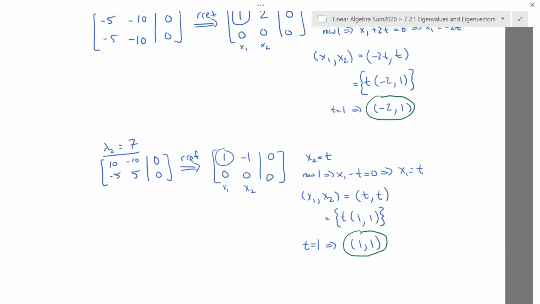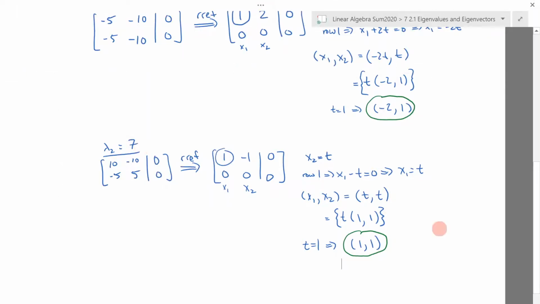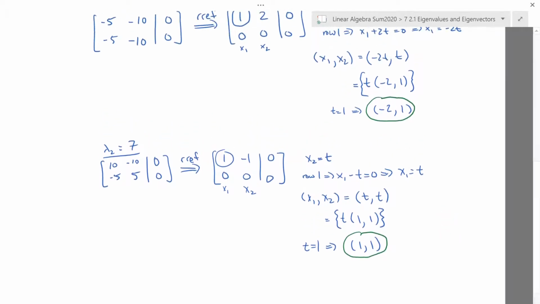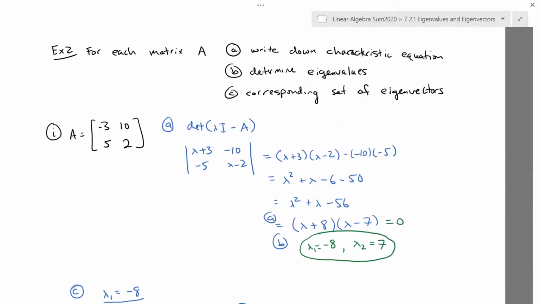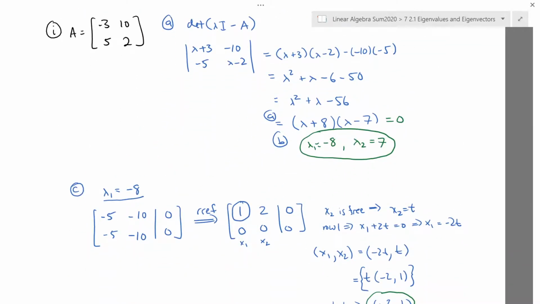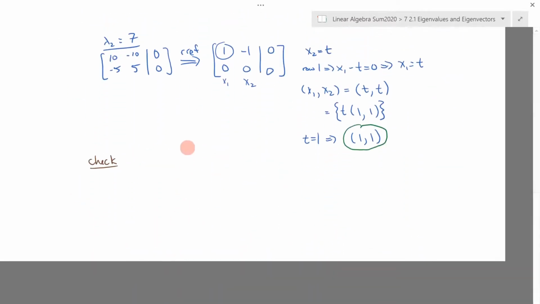So to make sure all our calculations are correct, I can check that they're eigenvectors by just doing the multiplication as we did on the first page, right? So let's quickly check that again, because this requires a bit of calculation, and especially if your matrices get larger and larger, it's easy to make a calculation error. Okay, so let's check. I take my original matrix A, right?